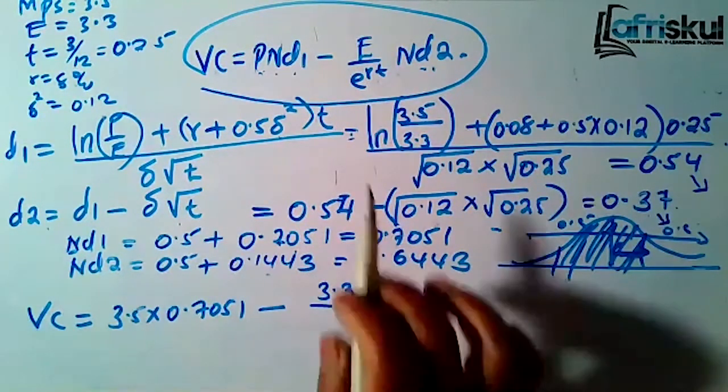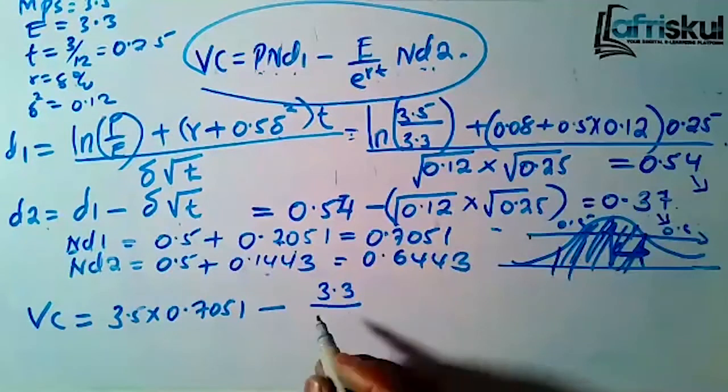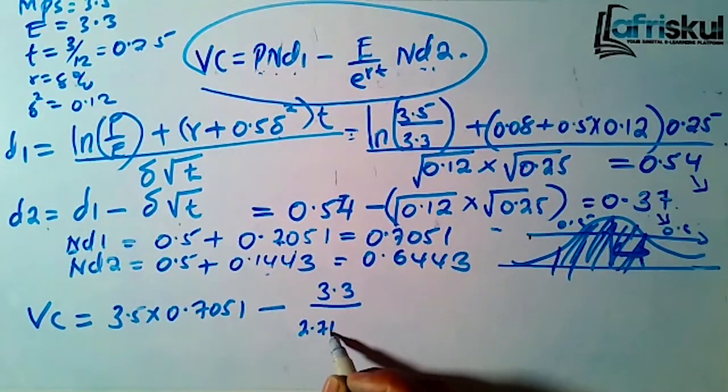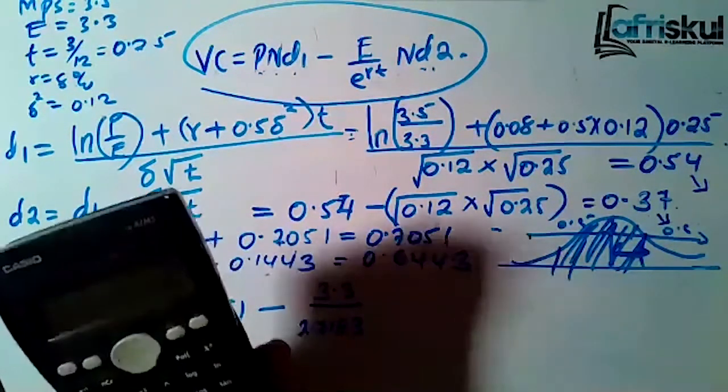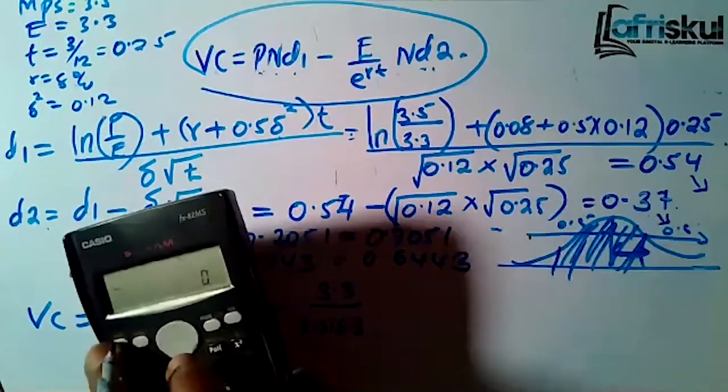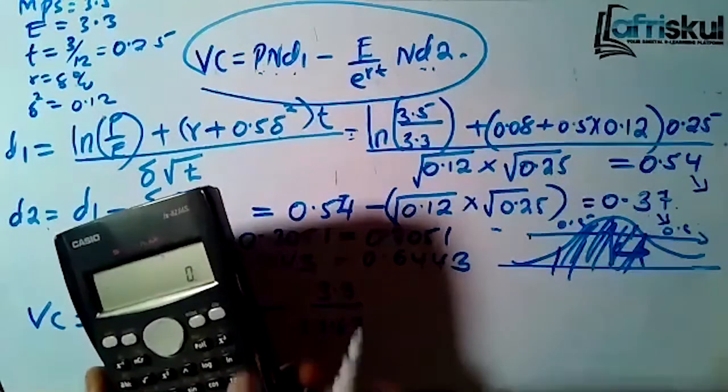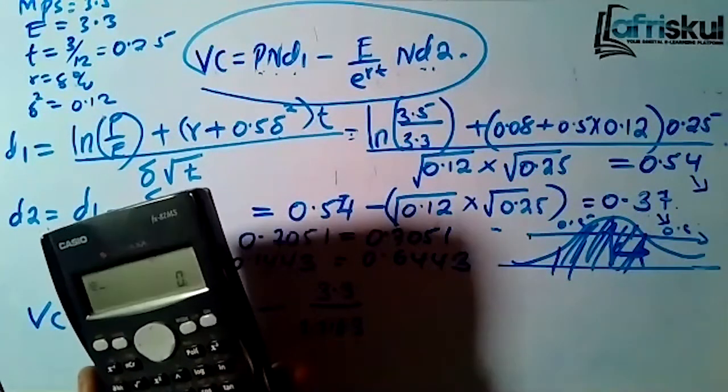You divide by E, that's the exponential, which is 2.7183. If you use a calculator, this is what we call E. You press shift and then the natural log, you get E.